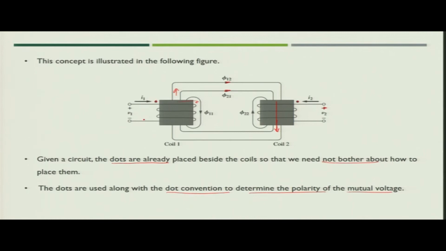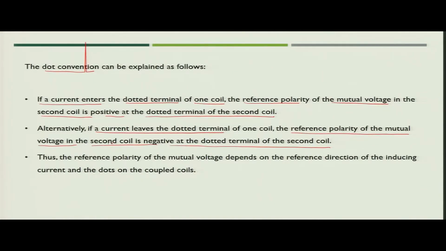Suppose the direction of current is opposite and current is flowing from this side; in that case the induced mutual voltage polarity would be like this. That means the mutual voltage in the second coil will be negative at the dotted terminal of the second coil.